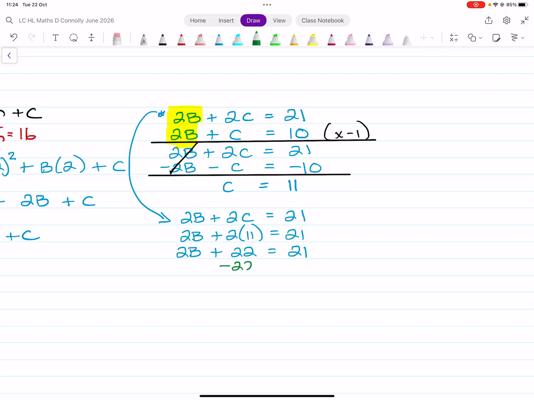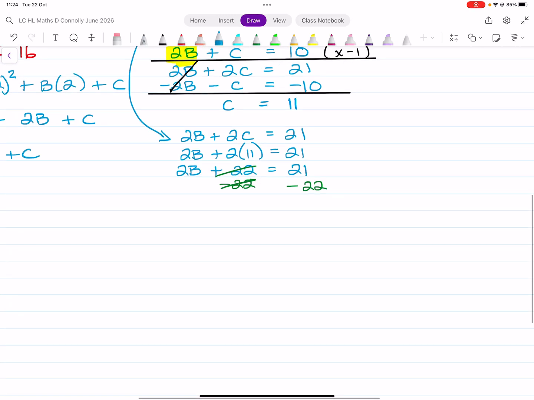If I minus the 22 here and minus the 22 here, I get 2b equals minus 1. And then if I divide by 2 on both sides, I get b equals minus a half.